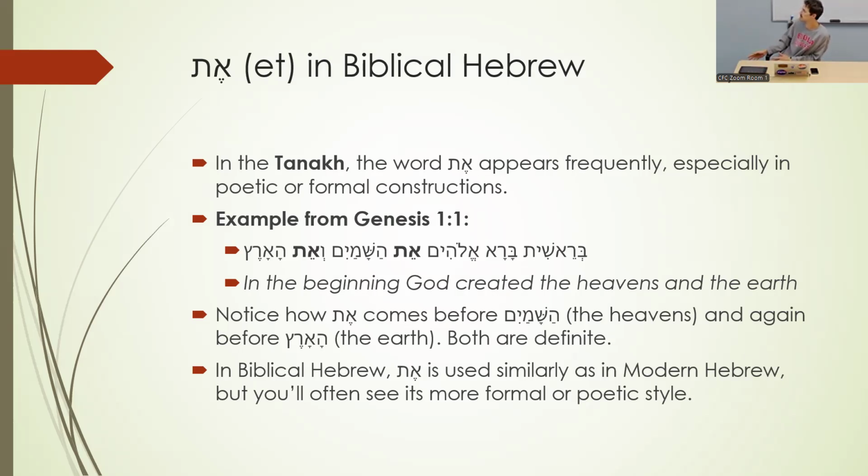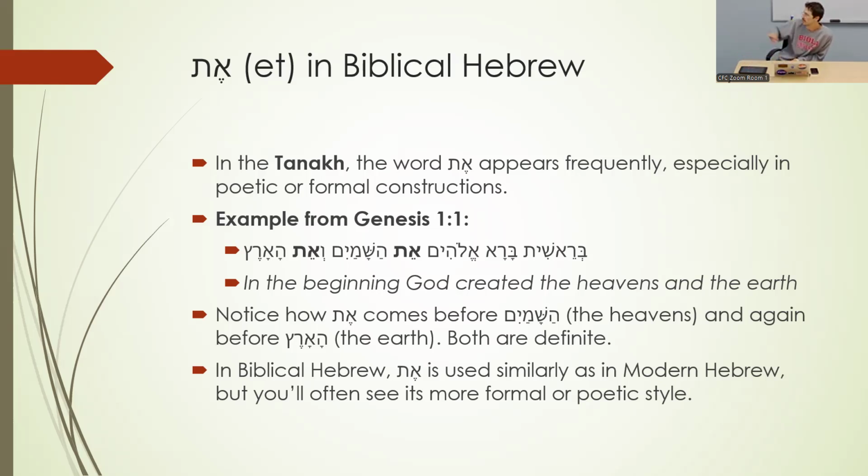So in Genesis 1:1, Bereshit bara Elohim et hashamayim ve'et haaretz. You can see the hey preceding, and right, so there is specificity, right? So without et, it would have been something like Bereshit bara Elohim shamayim ve'aretz.